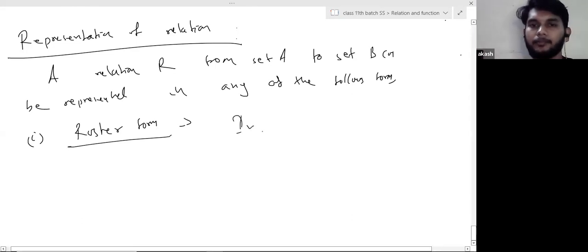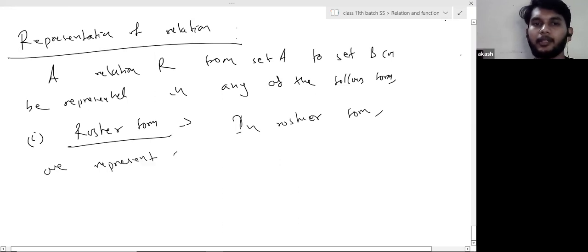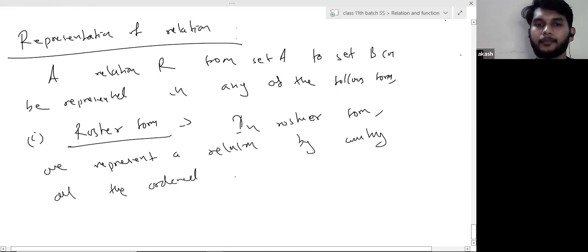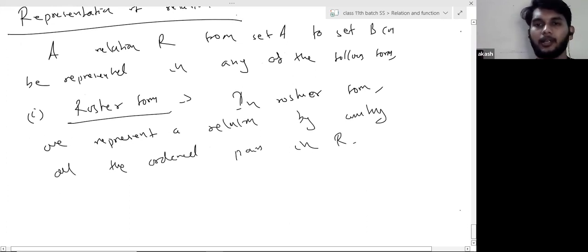In roster form, we represent a relation by all the ordered pairs in R. So simply write all the ordered pairs, and that will be the representation of relation R.